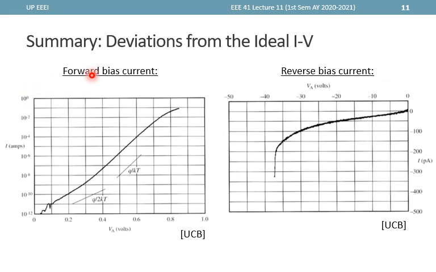For the case of the forward bias current, this is actually the ideal slope expected by the Shockley model. Note that this is in logarithmic scale, and our original Shockley model says that the current is proportional to e^(qVA/kT), so taking the logarithm of that should give a slope related to q over kT.